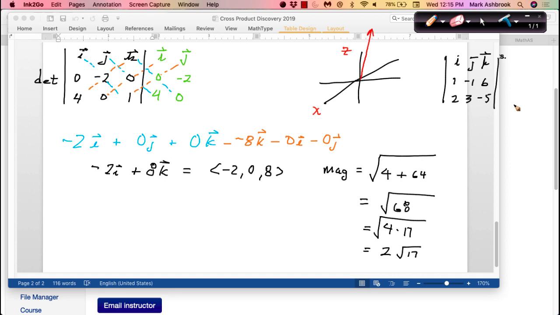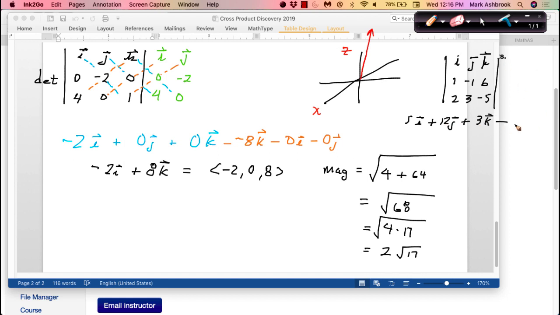So you'd have positive 5i, and then 12j, do you see that? 12j, and then 3k. So 5i plus 12j, k coming down this way, so plus 3k. Do you see that? Without having to write down those 2 columns again.